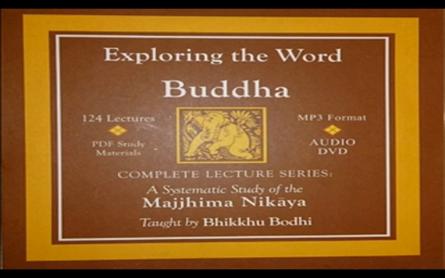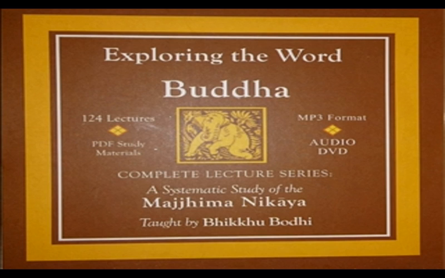One observes right speech, right action, right livelihood. One applies right effort to the practice of right mindfulness in order to develop concentration, on the basis of which one cultivates the insight that will lead on to the supermundane path.